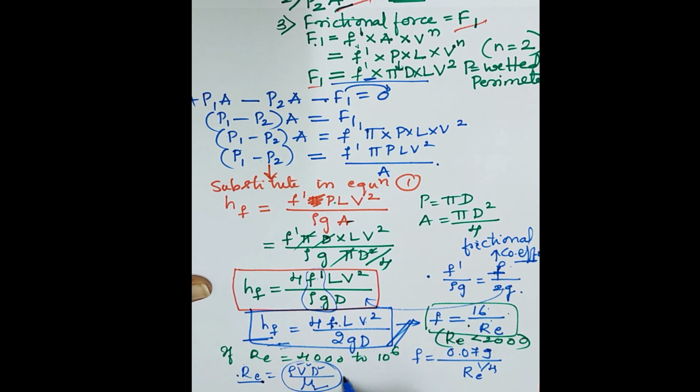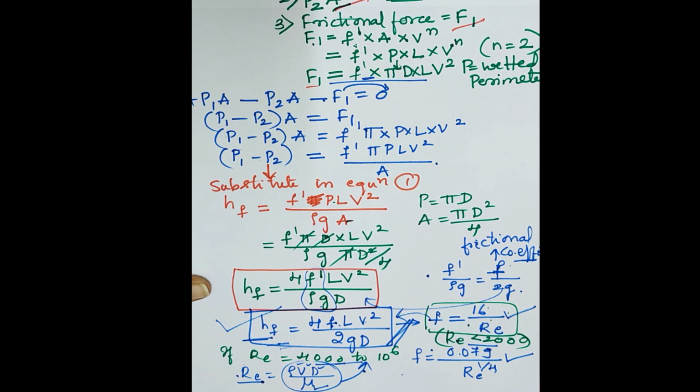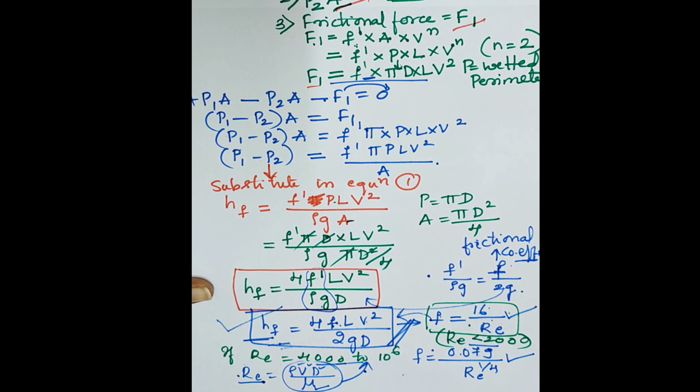Once you get RE, you have to judge whether it lies below 2000 or between 4000 and 10 to the power 6, and based on that use the F formula to calculate the coefficient of friction. Once you get the F value, you can calculate head loss due to friction, that is HF is equal to 4FL V square divided by 2GD. This is the Darcy-Weisbach equation for head loss due to friction in pipes.